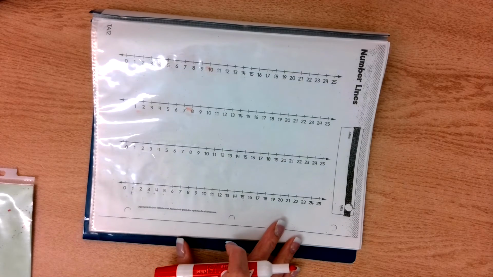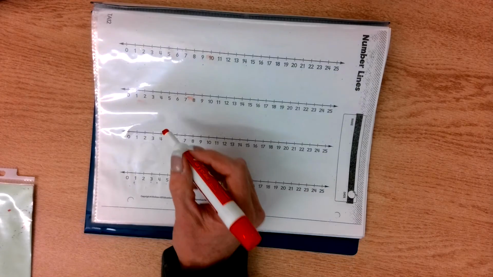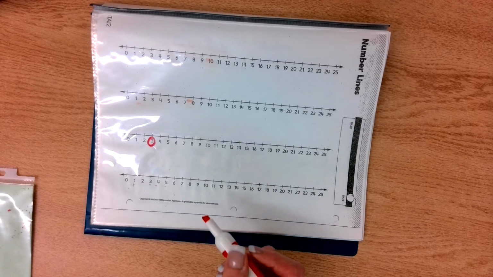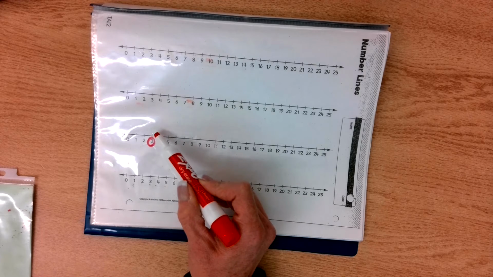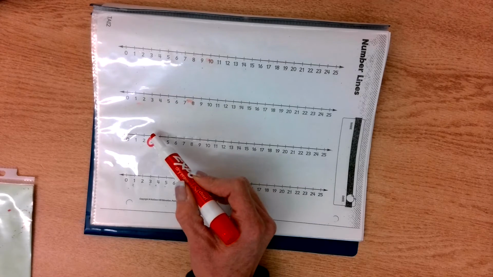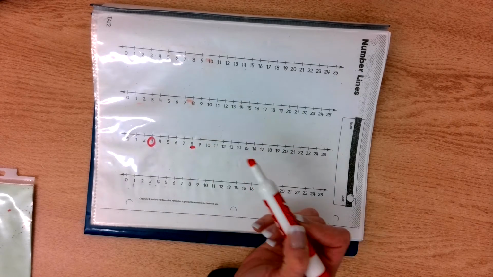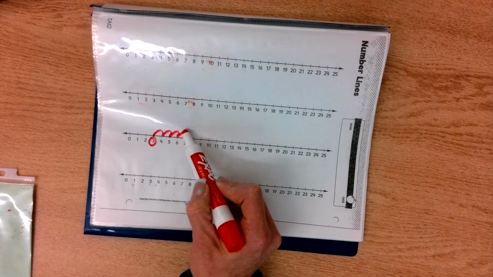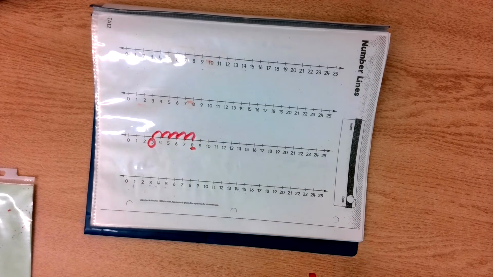So let's start at 3, and we're going to hop to 8. We're going to find out how many hops it takes to get to 8. So 1, 2, 3, 4, 5. It took us 5 hops.